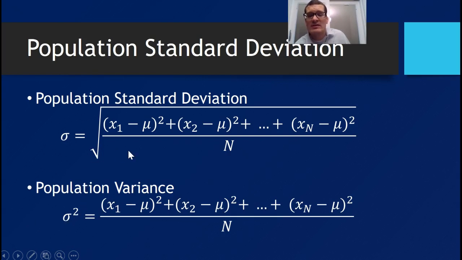So if we found the standard deviation and then I asked for variance, all you have to do is square the number. In other words, if your standard deviation came out to be 5, then the variance would have been 25. If the standard deviation came out to be 7, then the variance would be 49. So just square what you have for standard deviation, and that gives you the variance.